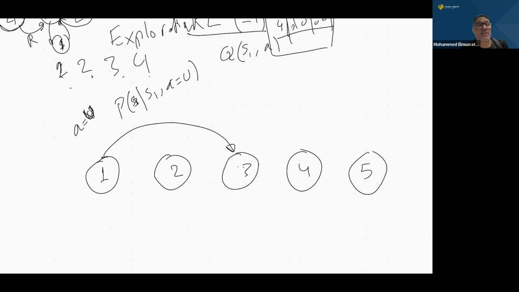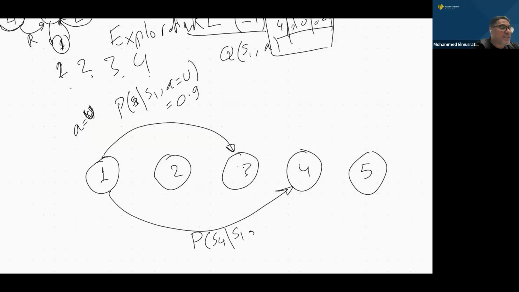In case we have a deterministic situation, this should be 1. But now you can put it like 0.9. And then there is another chance: the probability that you will go to state 4, given that you were in state 1 and you take the action equal to up, will be 0.1. Of course, remember that always the summation of the probabilities of all states coming from a certain state should be 1. So this is 0.9, and this will be 0.1.